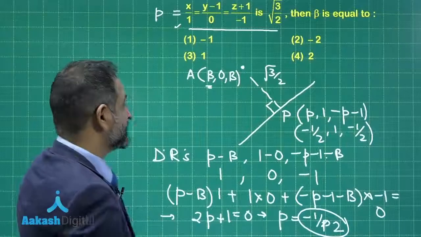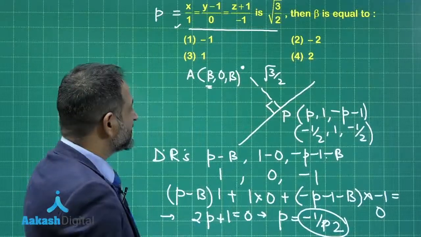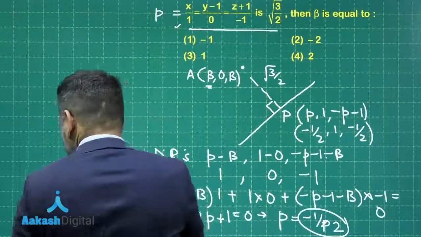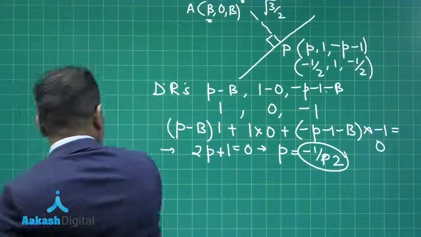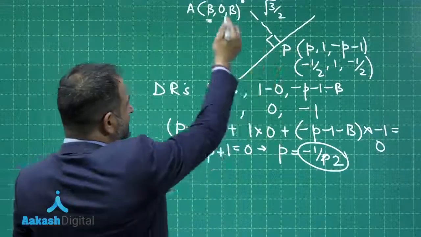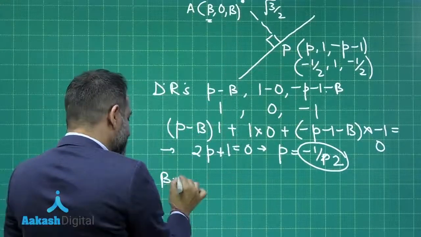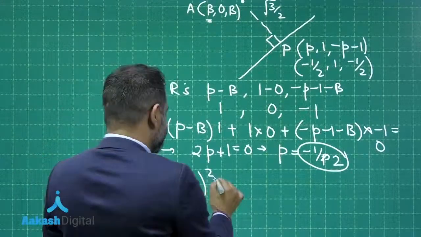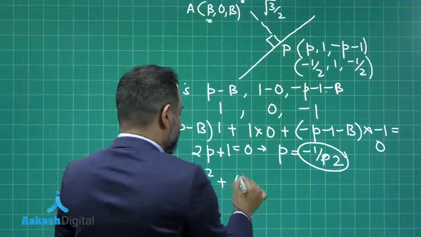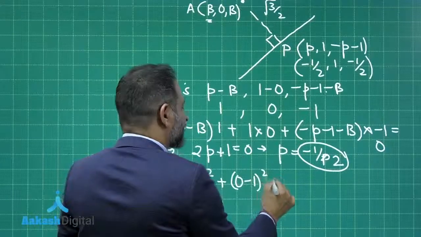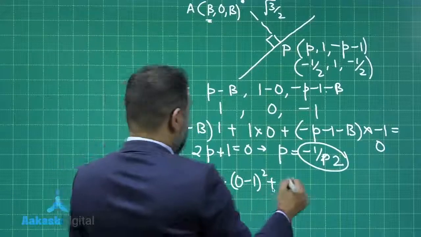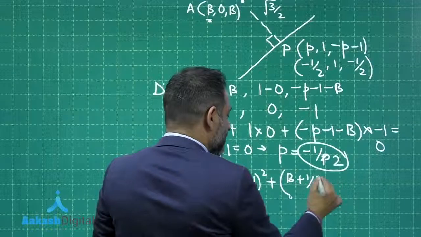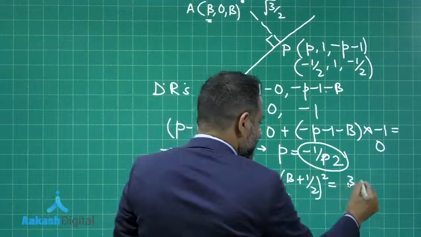Now, the distance we haven't used. Now, what is the distance? Distance is root of 3 by 2. Now, what we are going to do here, we will equate the distance between these 2 points, that is beta plus 1 by 2 whole square, and again 0 minus 1 whole square, and again we have beta plus 1 by 2 whole square, that is equal to 3 by 2.